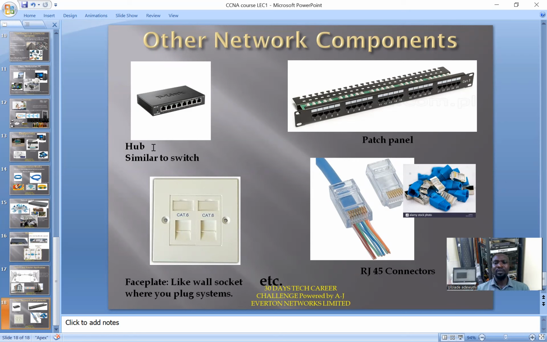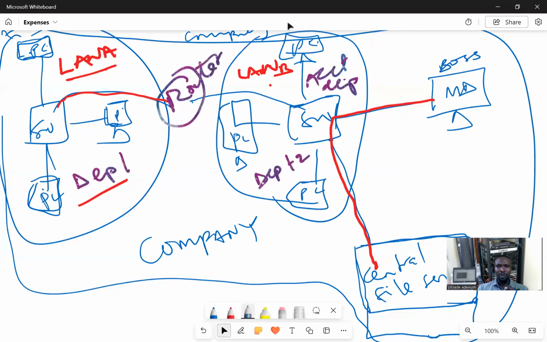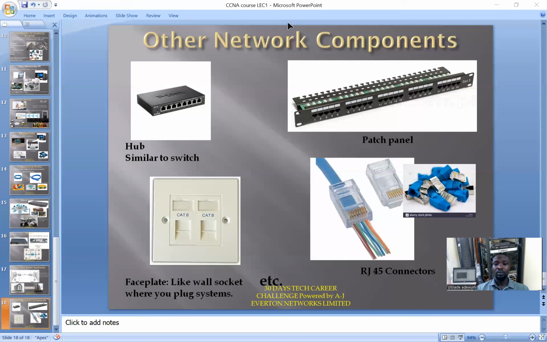We have the patch panel. Let me explain this patch panel for you. Before I explain the patch panel, I will show you these faceplates. Just think of this faceplate as the wall socket where you normally plug your appliances in the house.